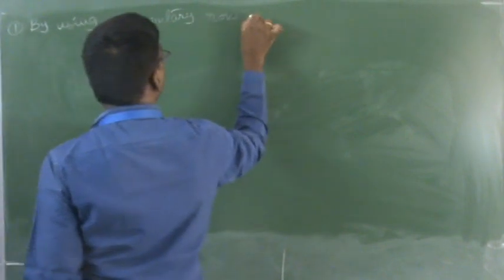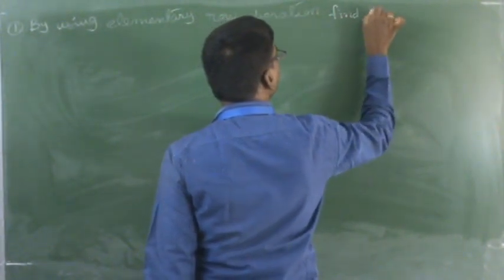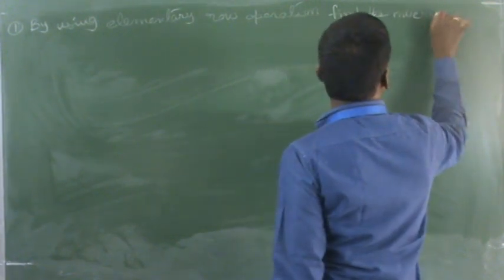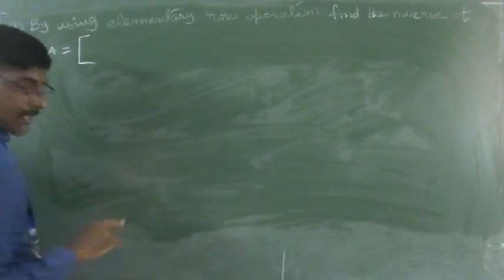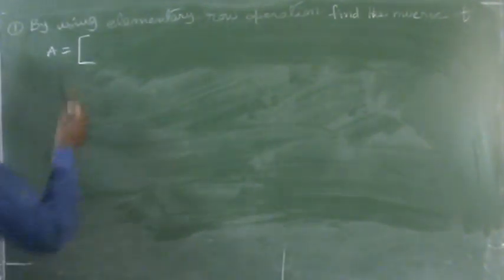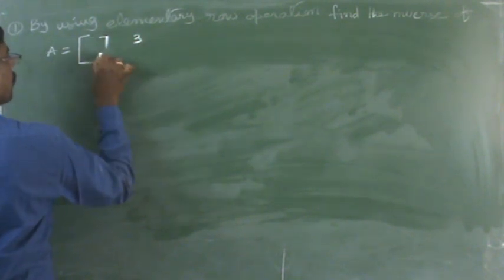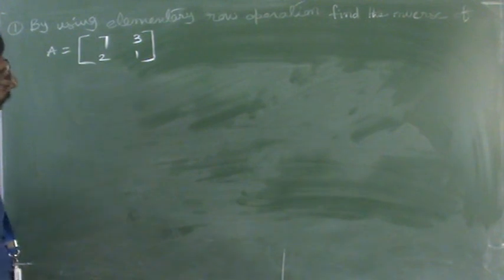By using elementary row operation, find the inverse of matrix A. We took as an example the matrix 7 3 2 1.